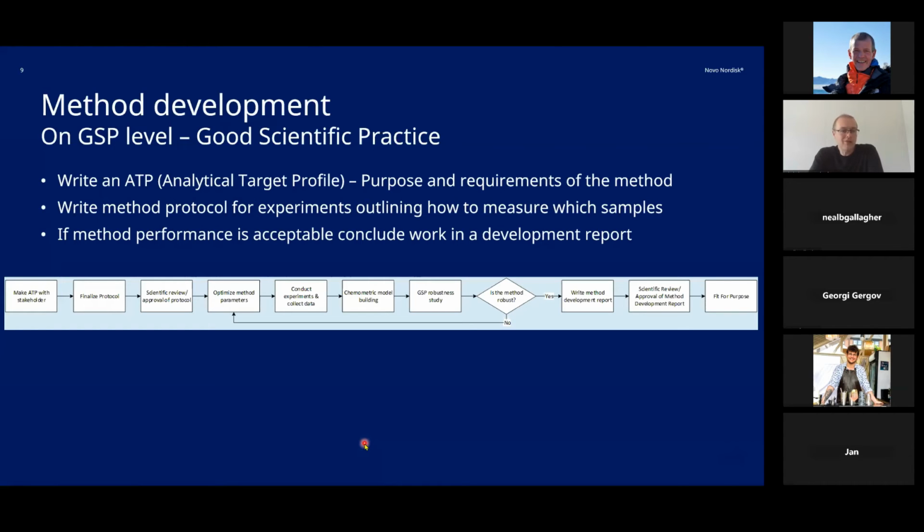And then we need to write a method protocol for which experiments we would outline, how to measure, which samples do we present to the instrument, and how do we make sure that these samples, for instance, mimic process samples or product samples.